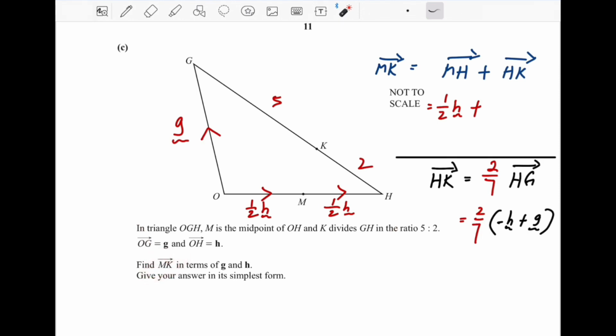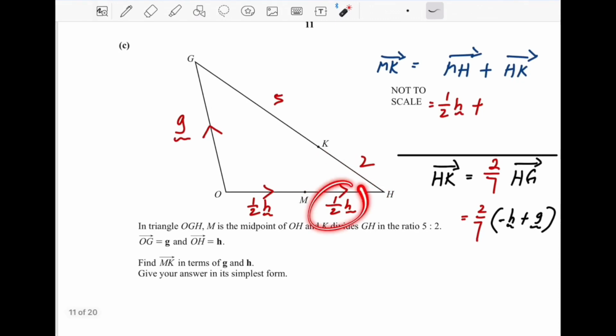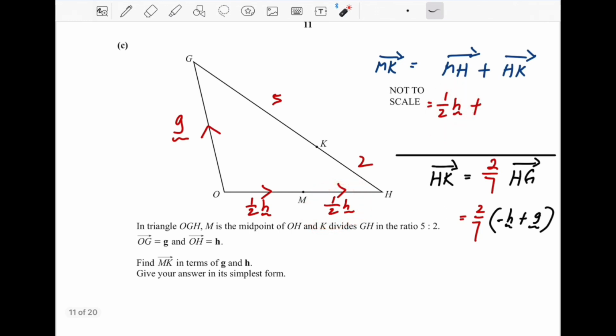My idea is, if I want to find MK, one of the ways is to do M to H to K. So my idea is to find MH plus HK. I know MH is 1/2 H, but HK I don't know. But what I know is that HK is actually 2 out of 7 of HG. Do you agree? HK equals 2 out of 7 HG.